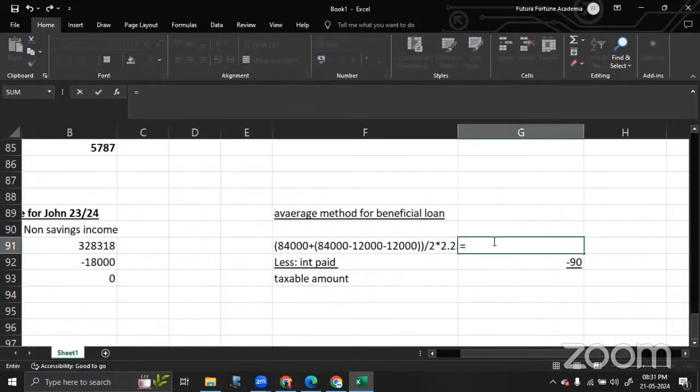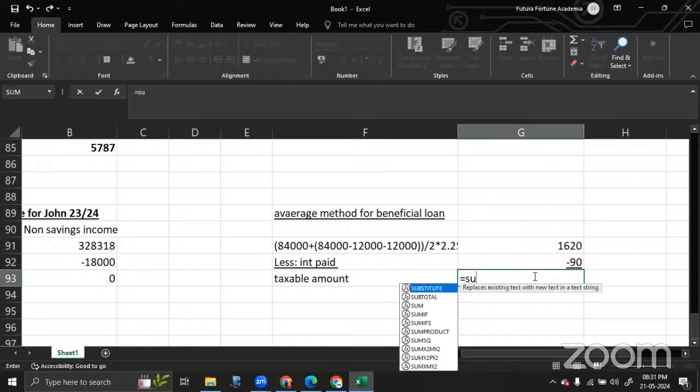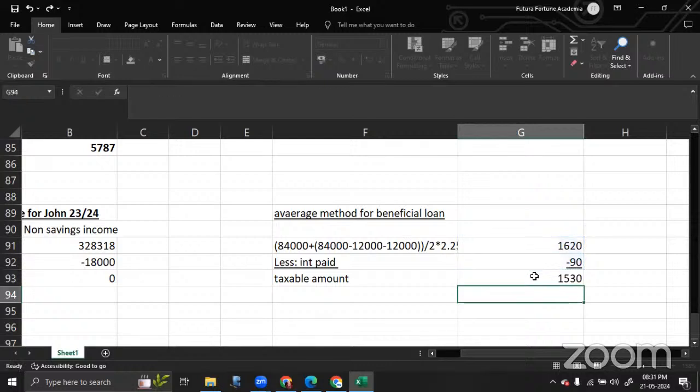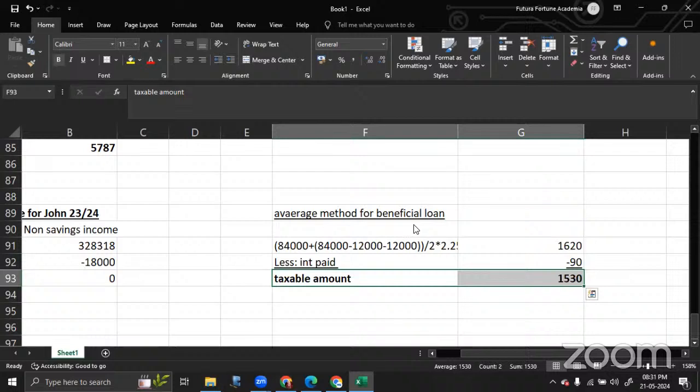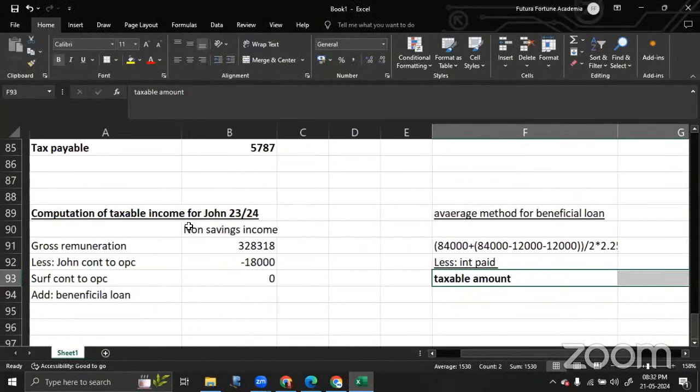So when you do the computation, it is equal to 84,000 ... 1530.